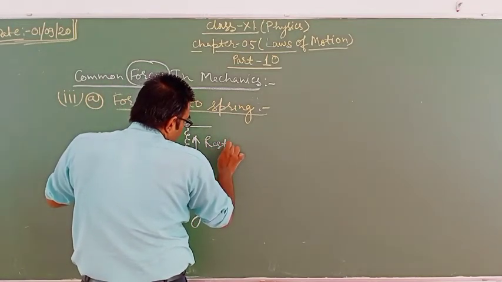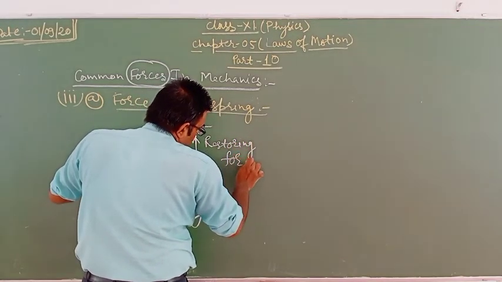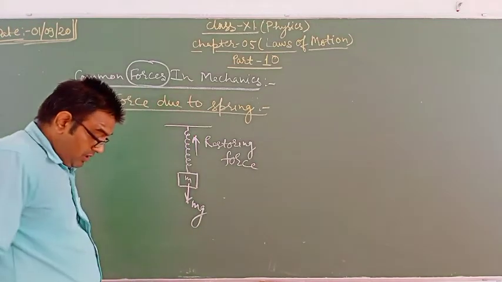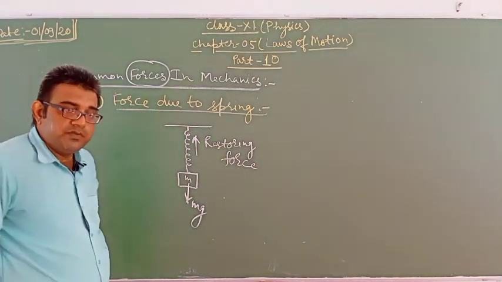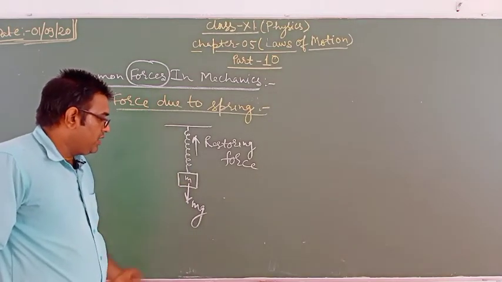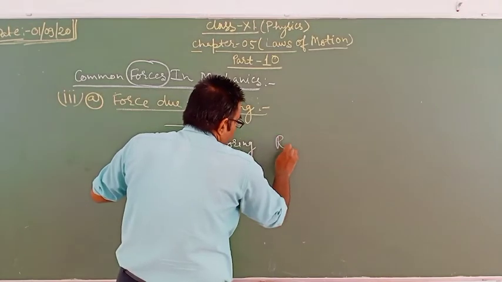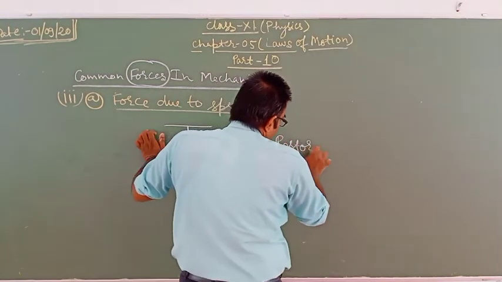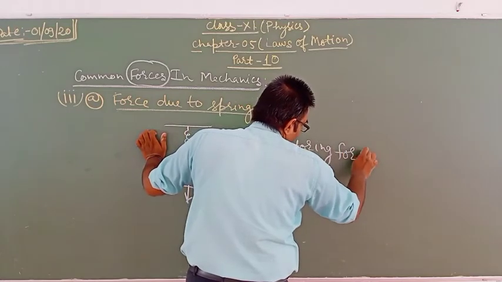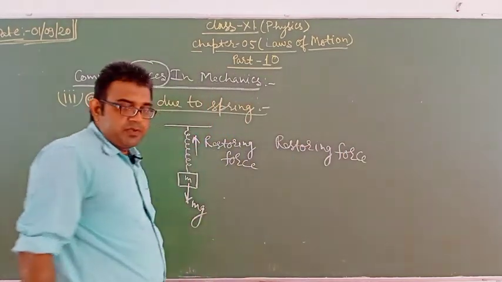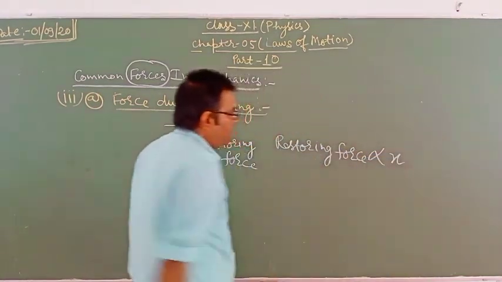The restoring force against the elongating force, which tries to elongate the spring, is directly proportional to elongation.